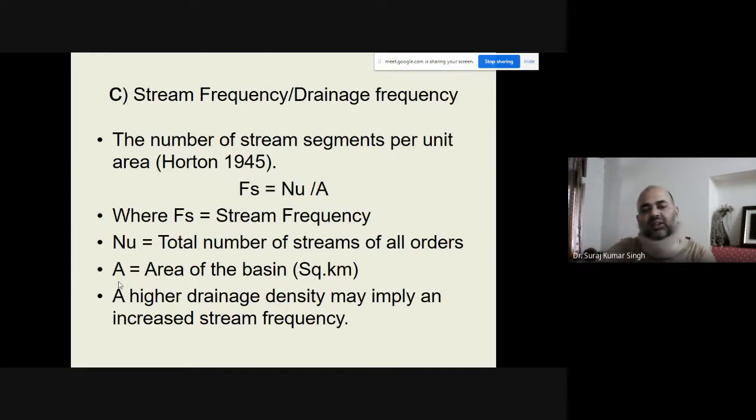Now the third one is stream frequency or drainage frequency. It will be easier to understand the drainage frequency. Drainage frequency is the number of stream segments per unit area. Just like you can say population density.